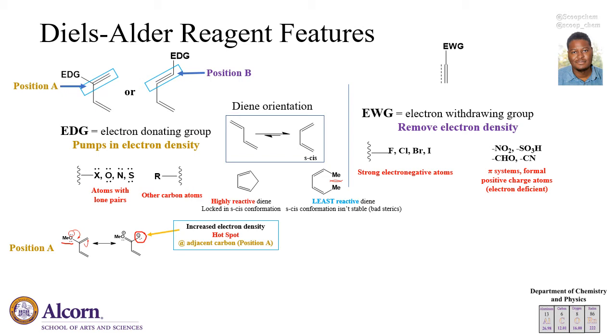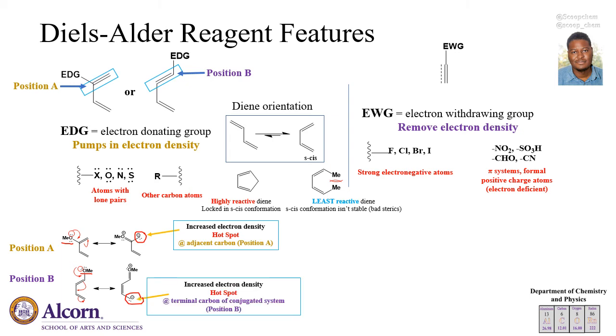So this carbon is extremely reactive. It has an increased electron density. If I consider the electron donating group being in position B, again, it is my methoxy group. If I investigate through resonance, the carbon all the way at the end of the system has the negative charge. So this carbon has this increased electron density and it becomes extremely reactive.